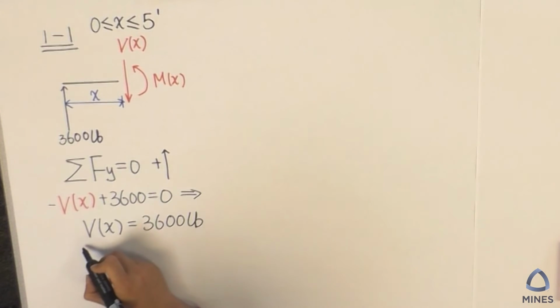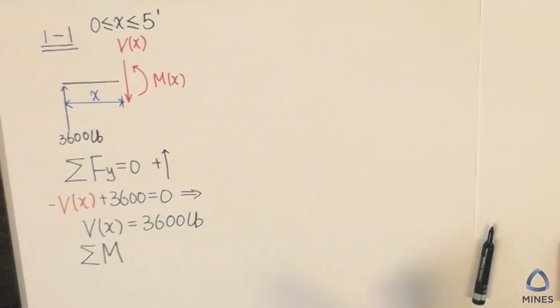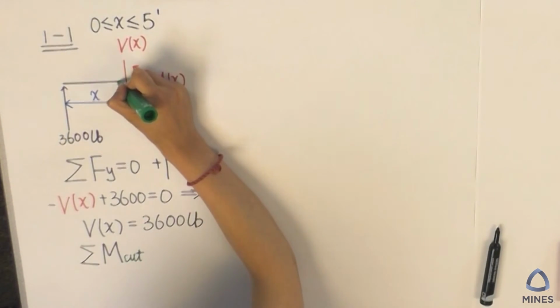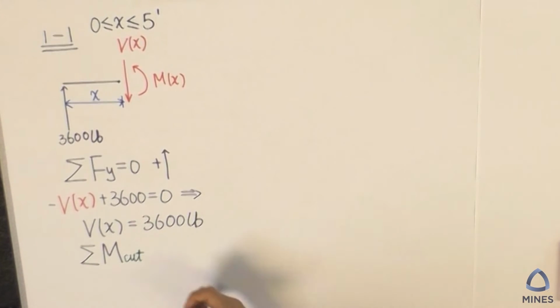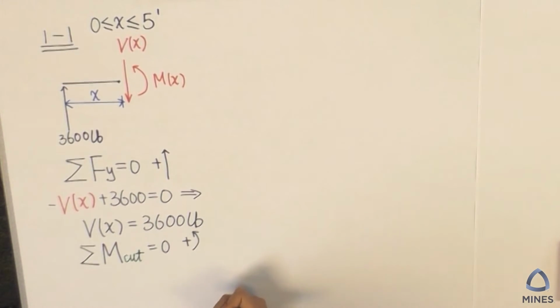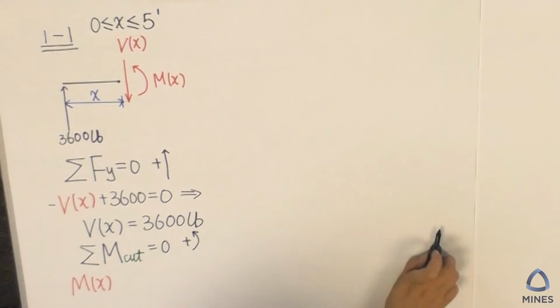Now we have to write down the moment function. Let's sum moments at the cutting location here, because if you made some mistake on the shear function, you can still get the correct moment function.